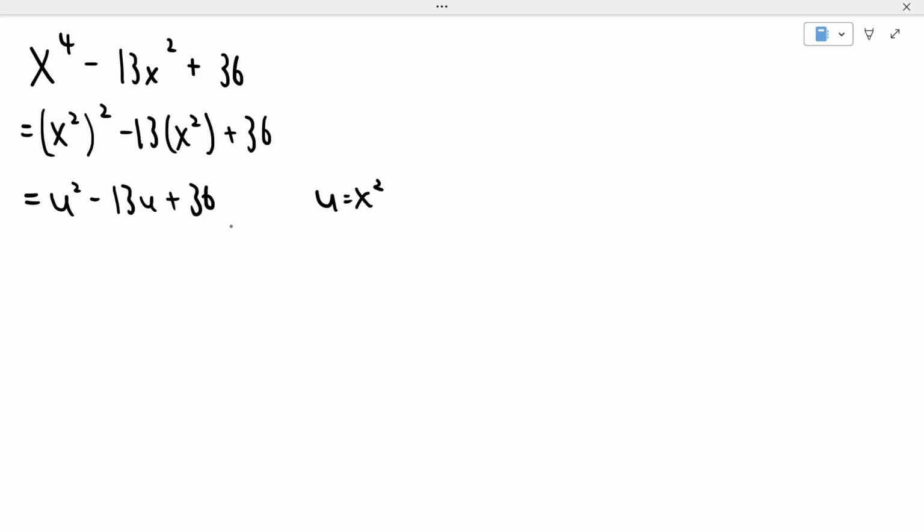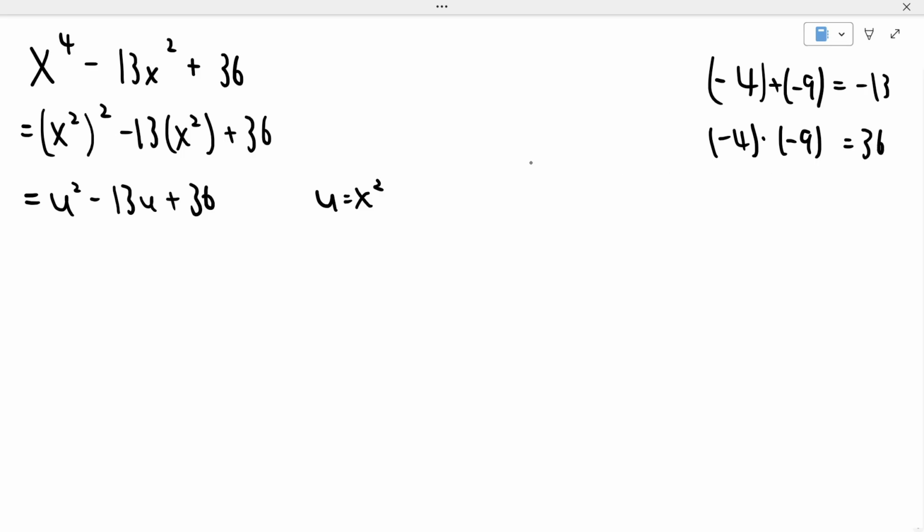So the two numbers with these properties are negative 4 and negative 9, because negative 4 plus negative 9 is equal to negative 13, and negative 4 times negative 9 is equal to 36, and that's what we want. So this means we can factor the expression as u minus 4 times u minus 9.